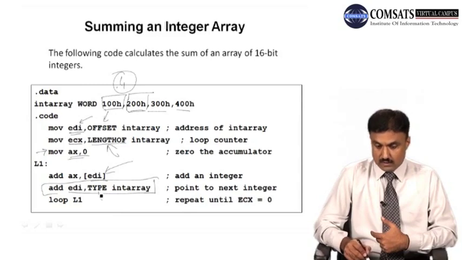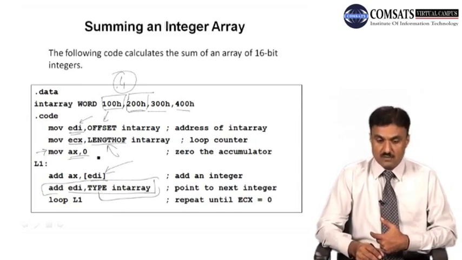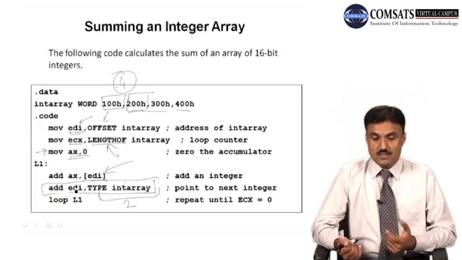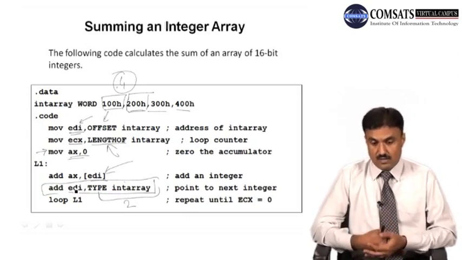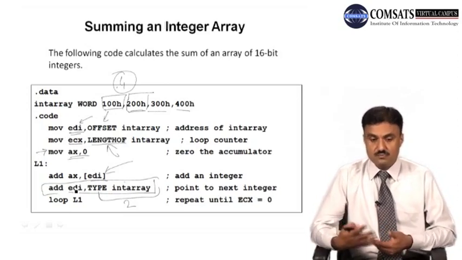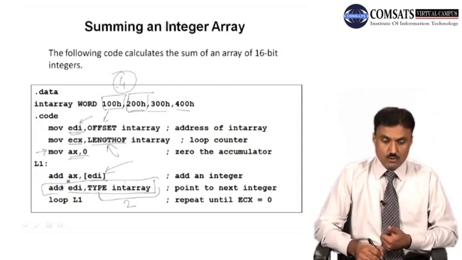This whole expression gives us the type, and the type is word. Word means 2 bytes. So we add 2 in EDI, so the address is incremented by 2, and again we loop.